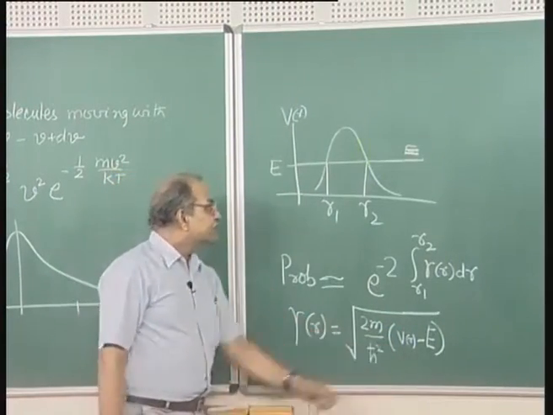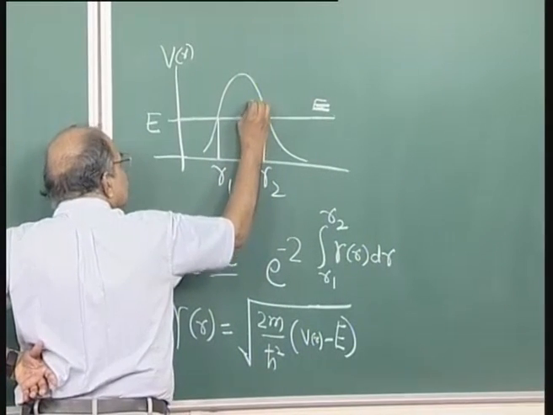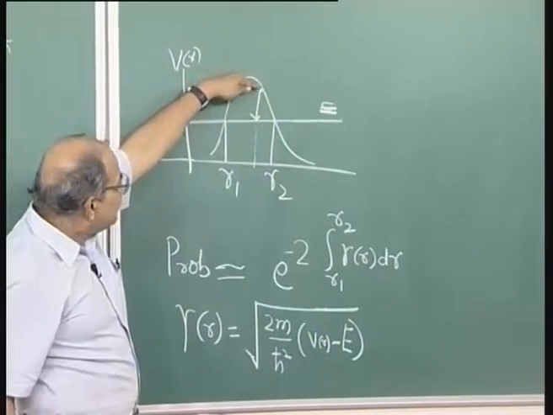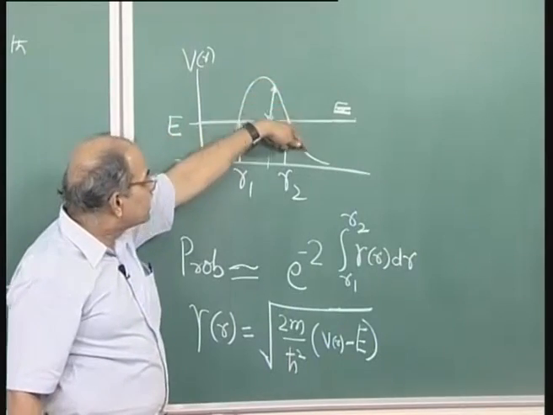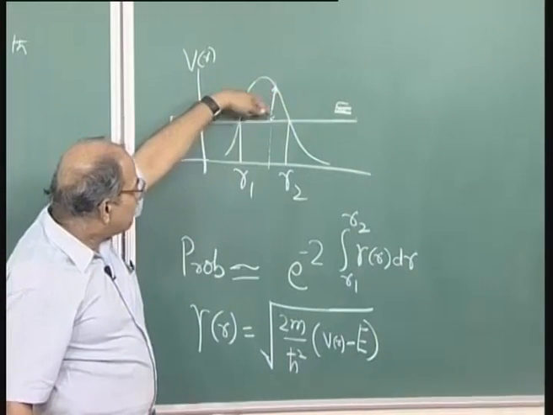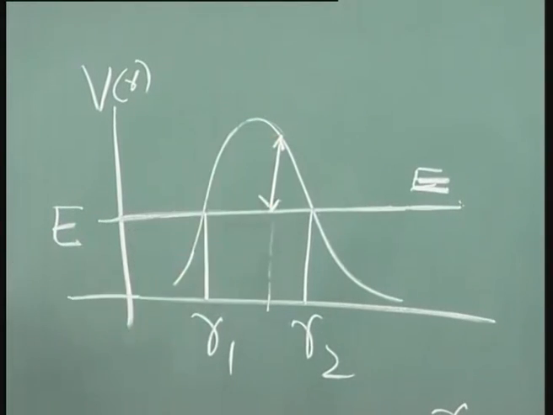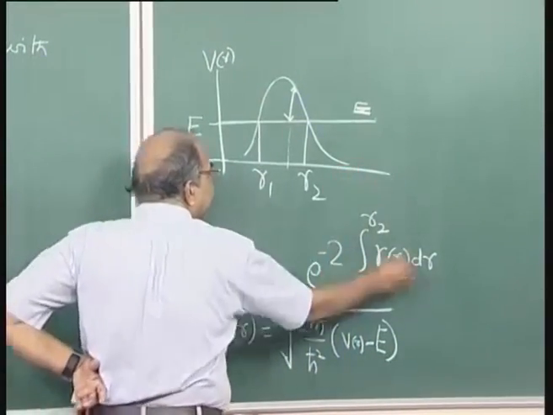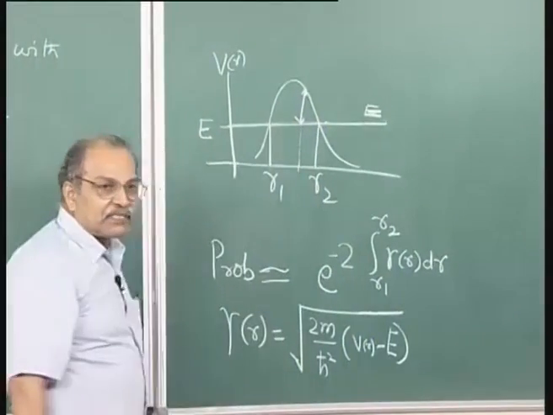So, V(r) minus E. At this r, for example, it is this one, this is V at r, this function is for the potential energy, this is V at r minus E. So, this much, and this into dr. So, this into this 2m by h cross square, of course, square root and all that, and then dr, and this you integrate from here to here to get that probability.